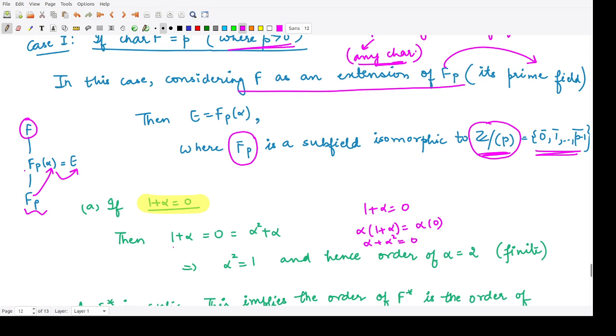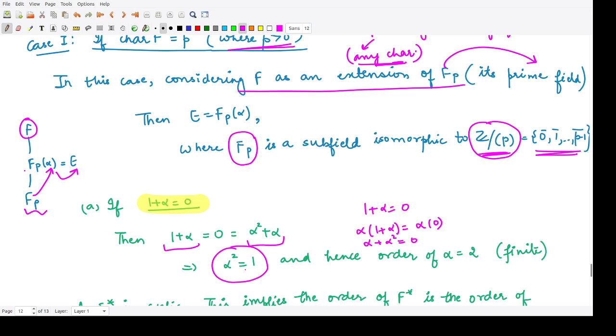Now considering this part and this part, when you subtract alpha from this, you would have 1 plus alpha minus alpha, that would be alpha square plus alpha minus alpha. So this alpha and this alpha would make identity, and this alpha and this alpha would make identity. So we would only be left with the quantity alpha square minus 1.